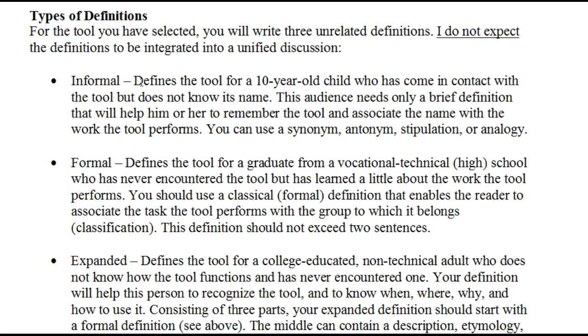So this audience only needs a brief definition that will help him or her to remember the tool and associate the name with the work the tool performs. And remember, for this definition, you are writing for a 10-year-old child. You might want to think back on weeks 2 and 3 and a little bit of 4 and how we discuss the ways that we analyze audience.